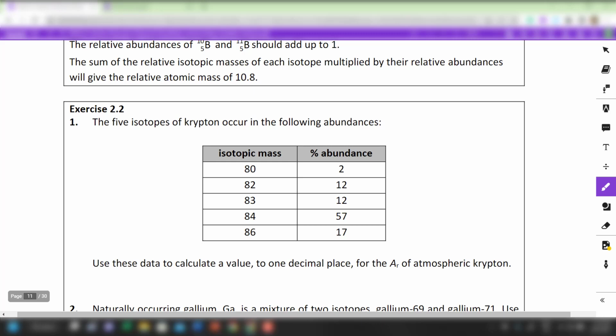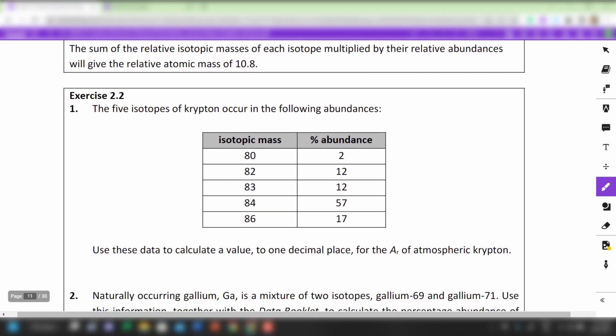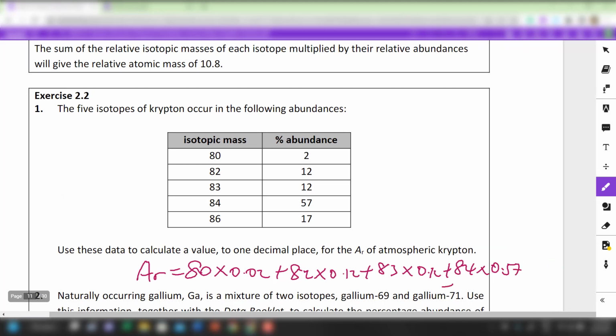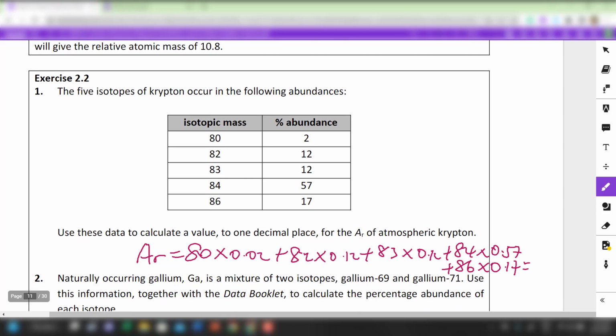So we can easily do the calculation over here. The Ar will then be equal to 80 multiplied by 0.02 plus 82 multiplied by 0.12 plus 83 multiplied by 0.12 plus 84 multiplied by 0.57 plus 86 multiplied by 0.17. Okay, so punch the calculator.